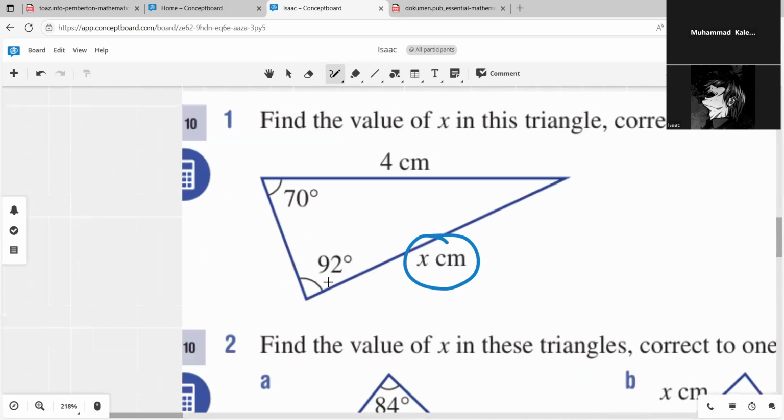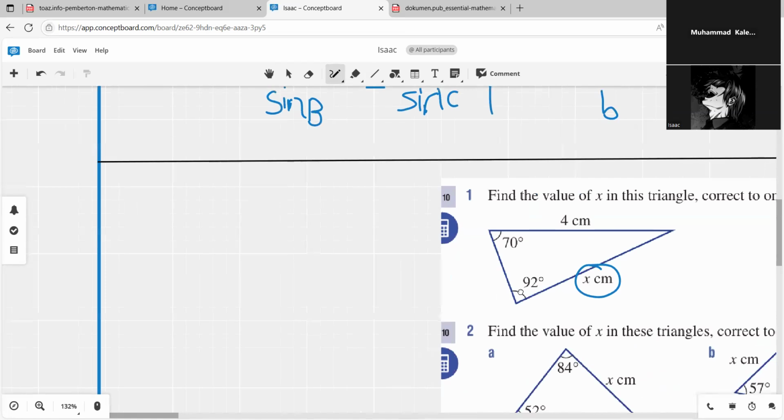So we cannot use SOHCAHTOA here. SOHCAHTOA is used only for right angle triangles. Remember that. Even the Pythagoras theorem is used only for right angle triangles. We cannot use the Pythagoras theorem or SOHCAHTOA on it. So that's why we have to use the sine rule.